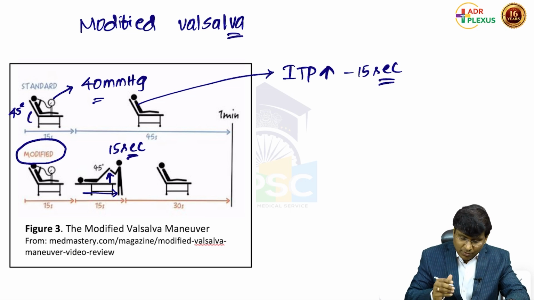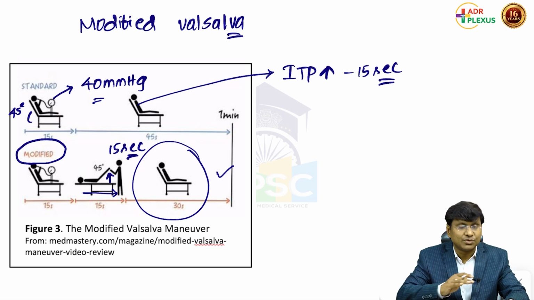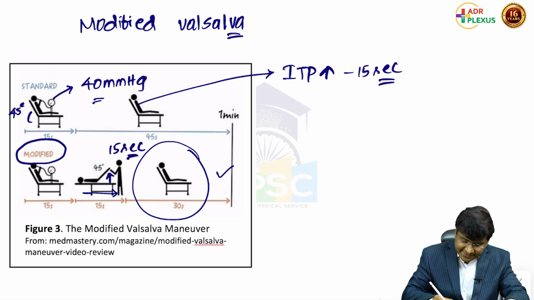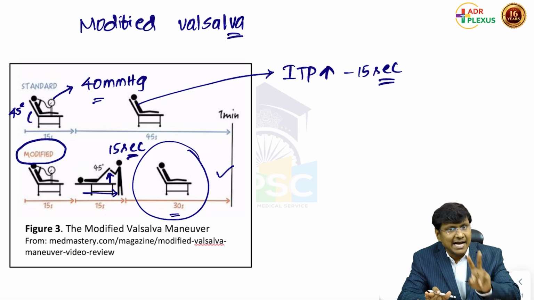Now, after that, make the individual sit down again in the semi-recumbent position at 45 degrees for nearly 30 seconds. So this will stimulate the vagus and it can revert the paroxysmal supraventricular tachycardia. This is another way by which you can activate the vagus.